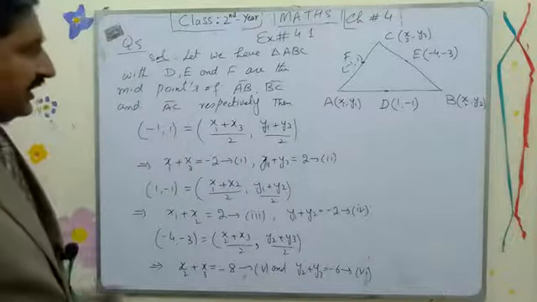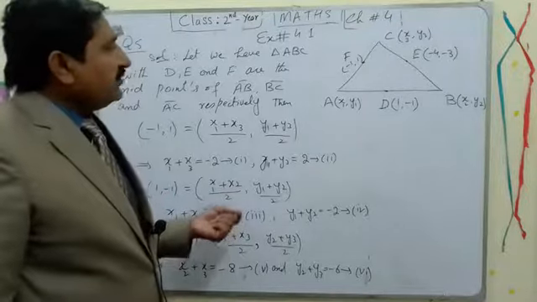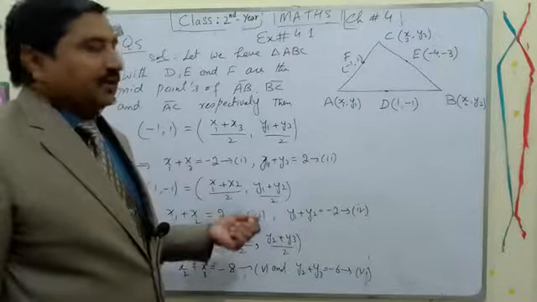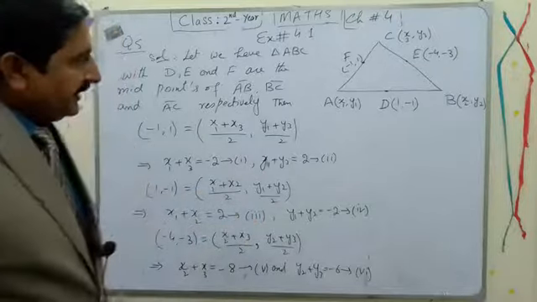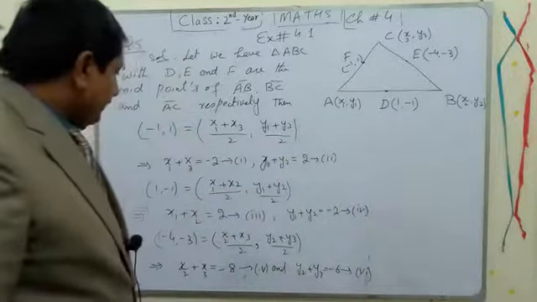Now we will have to solve all six equations simultaneously, so that we obtain the vertices x1, y1, x2, y2, x3 and y3. So how do we simplify it?